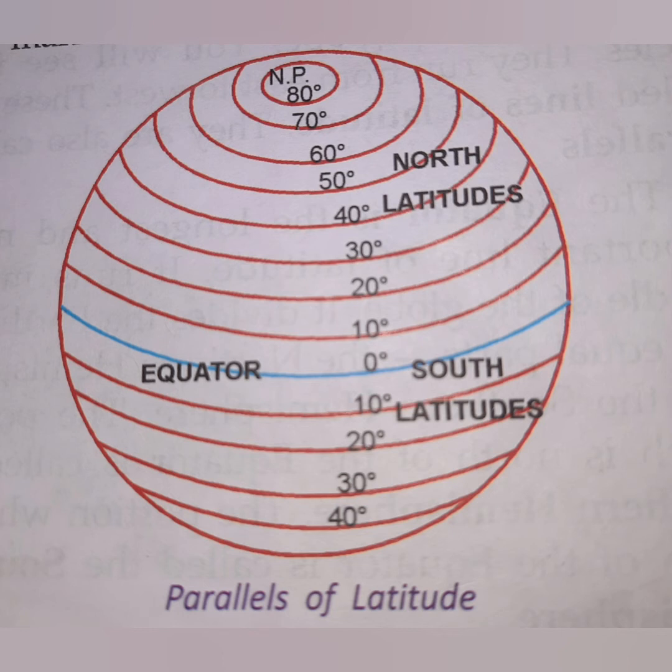You can see, students, here we have the equator as a blue line. It is marked at 0 degree. When we go to the upper side, we write 10 degree N, because it is in the northern hemisphere, so we have to mention N with all the degrees of latitude on the upper side.